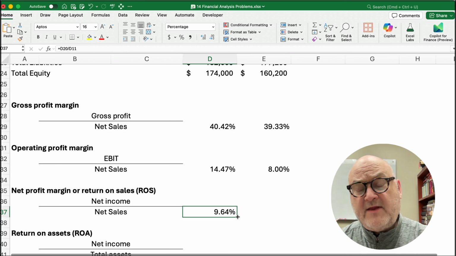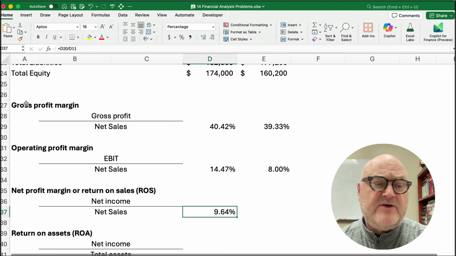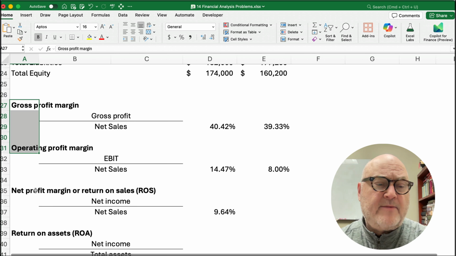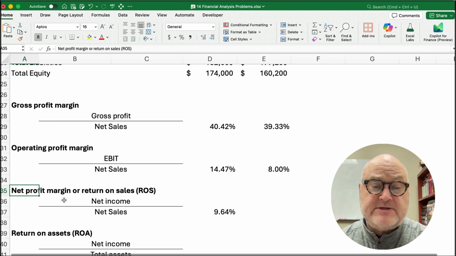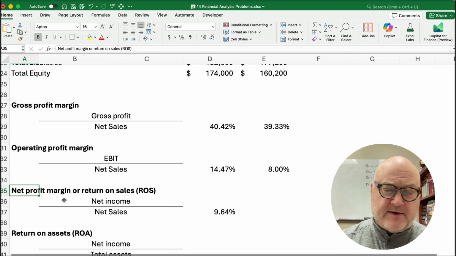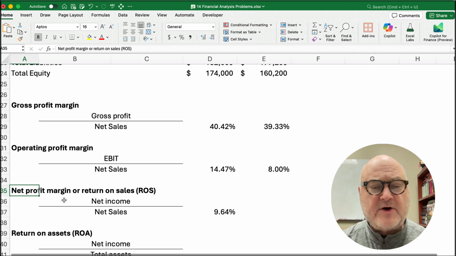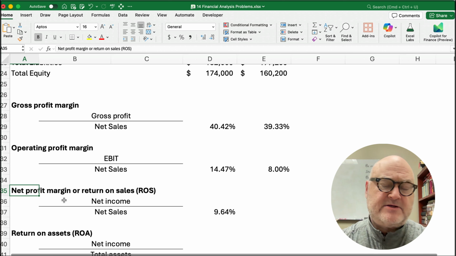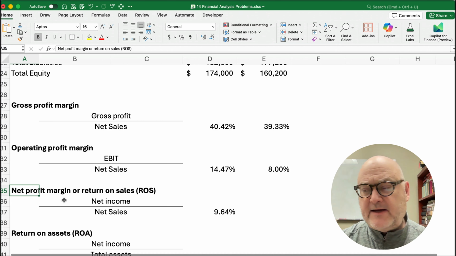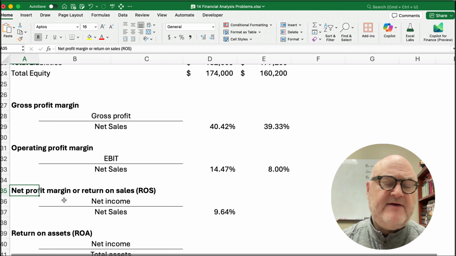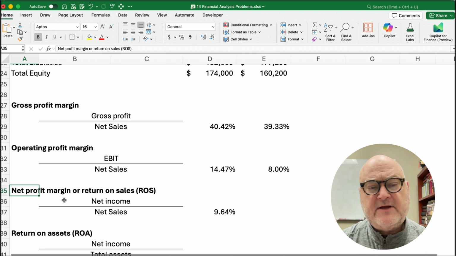Now, one of the things that happens is, be careful. If somebody just says profit margin, then you don't assume gross or operating. You're probably going to assume the net profit margin. But you always want to be clear. And you say, you mean net profit margin? And somebody else might say, what's the return on sales? Well, that's the net profit margin also. So be careful. It's confusing. Even if you're an experienced person, you want to make sure you're communicating the same thing.